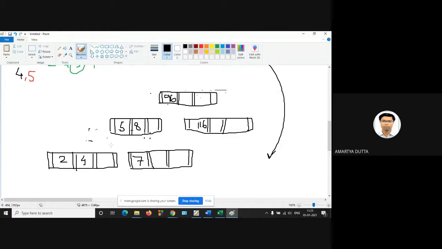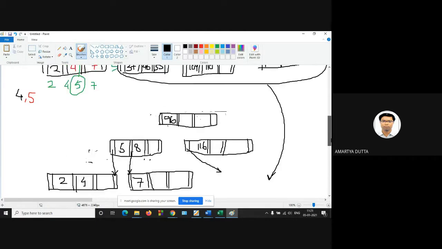So for 5, all the elements are less than or equal to this. All the elements are in between 5 and 8. And for 116, there will be some elements.